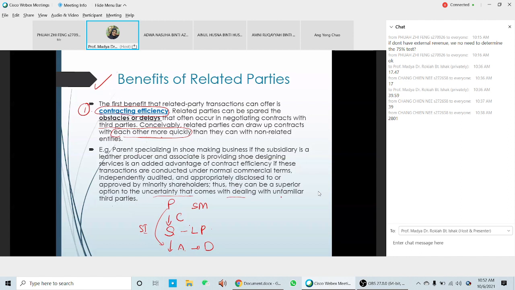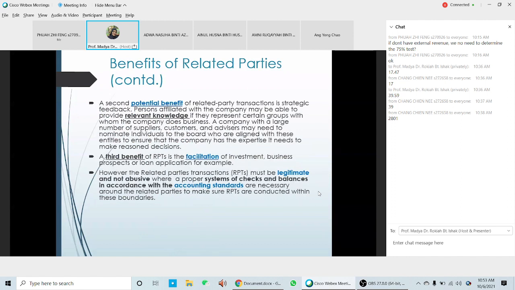So the first benefit is contracting efficiency, meaning your contract can be signed or dealt with in a short time, because all the parties are familiar.